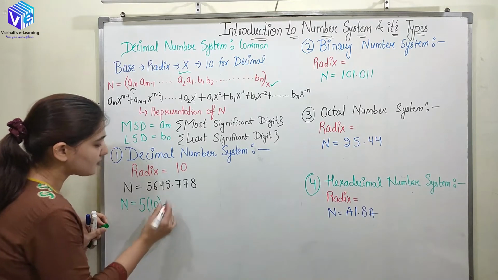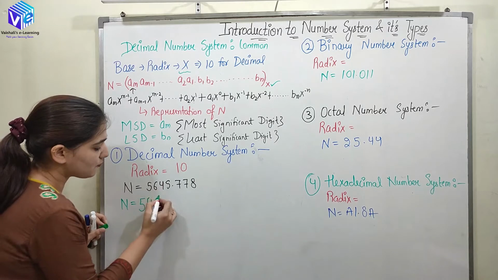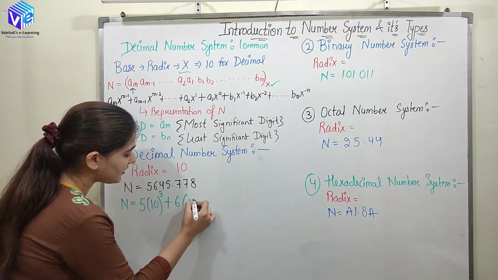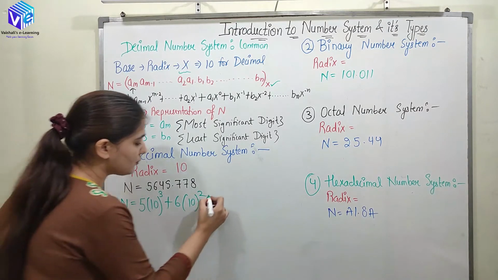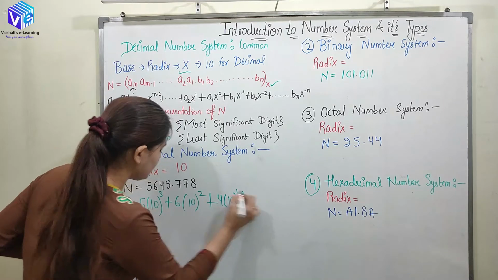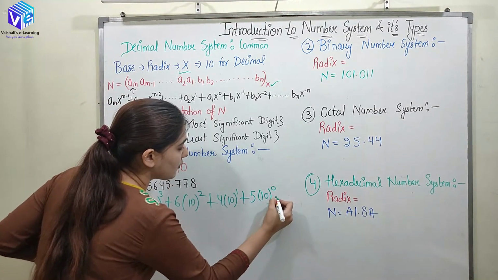And what is the base? For the decimal number system, we have base 10. So 10 raised to power 4 minus 1, which is 3. Plus 6, 10 raised to power 4 minus 2, which is 2. Plus 4, 10 raised to power 1. Plus the last digit 5 into 10 raised to power 0.